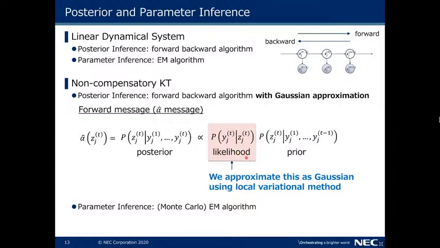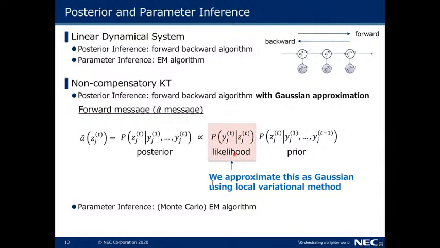But in our case, the likelihood function is multidimensional IRT, so it's very hard to obtain the exact posterior in an analytical form. So we are going to approximate this likelihood function as Gaussian.